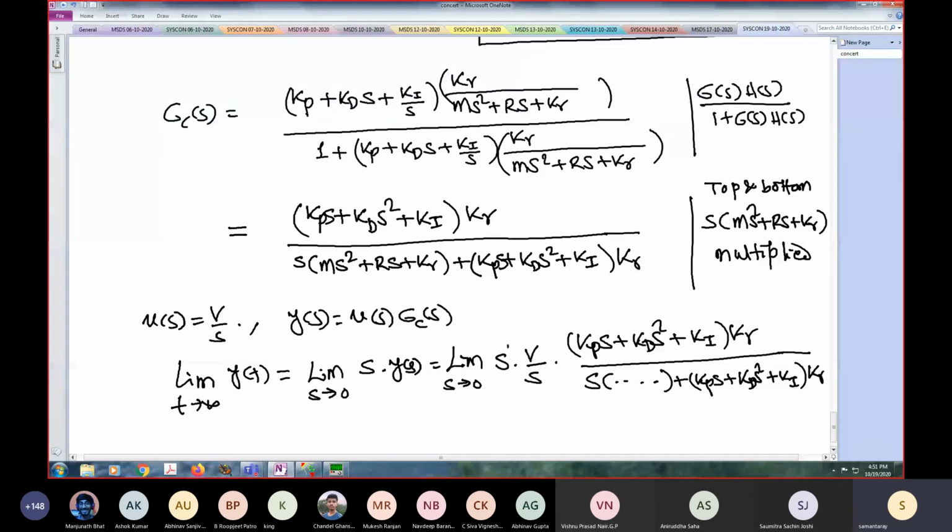The S goes, that is Ki Kr by Ki Kr times V, that is equal to V. Is that so? Because this thing is multiplied with S, this disappears completely.